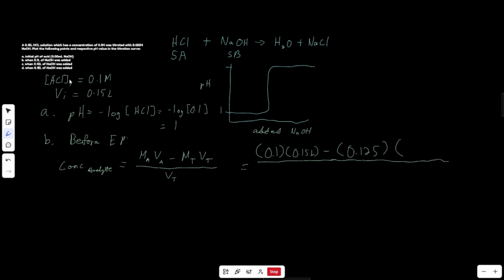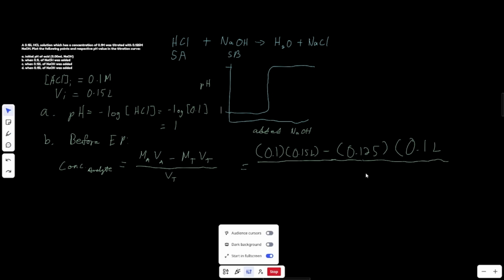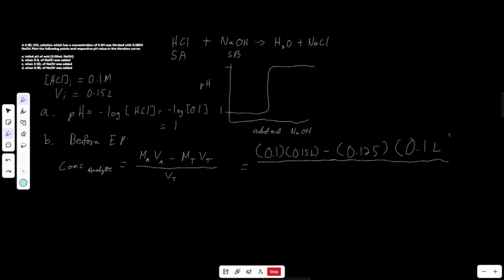And how much did we add? According to the question, we added 0.1 liters. Now our total volume would be 0.1 liters plus 0.15 liters, which would give us a total volume of 0.25.